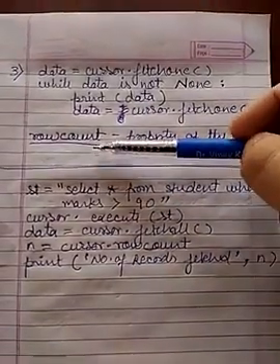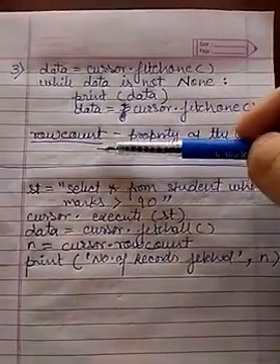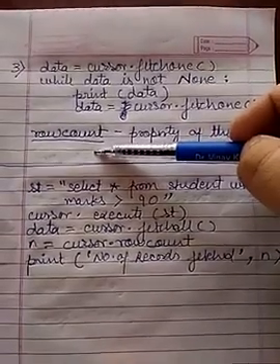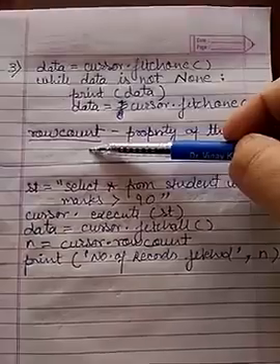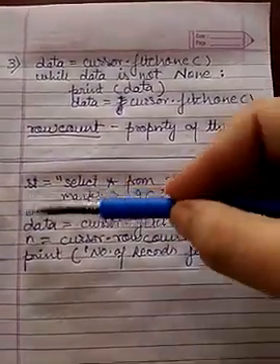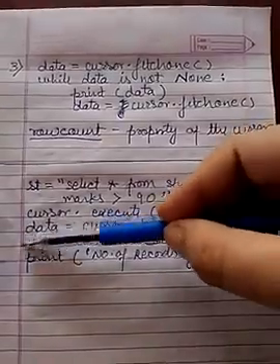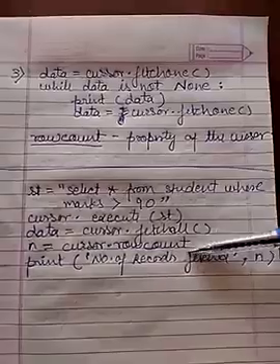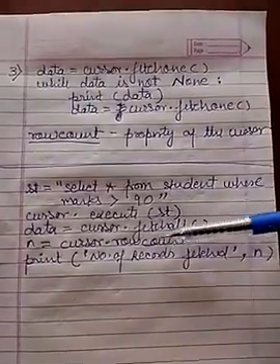Rowcount is the property of the cursor through which we can easily get how many records are fetched through the fetch function. It simply returns a numeric value. We are using a variable, say n. Here we have stored the number of rows fetched by the cursor.